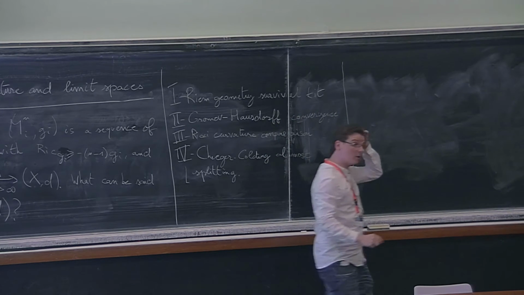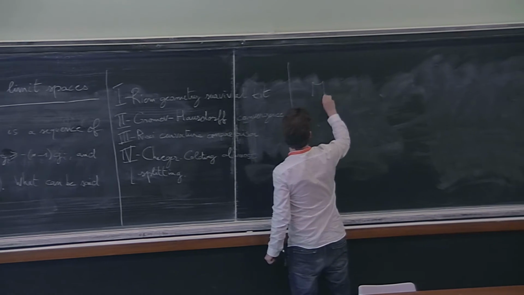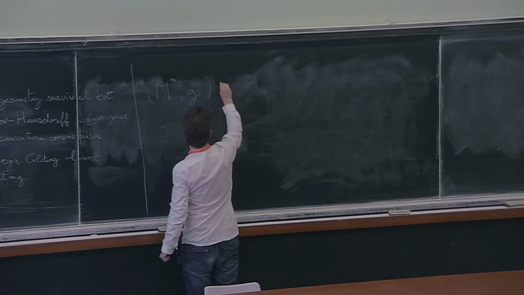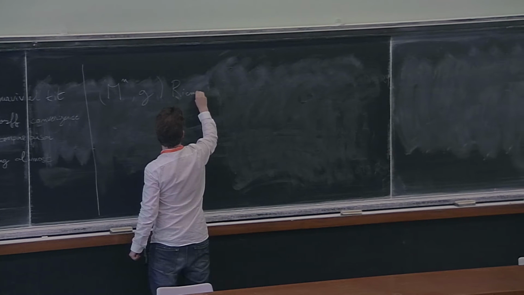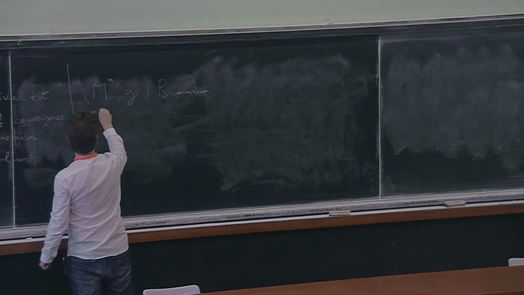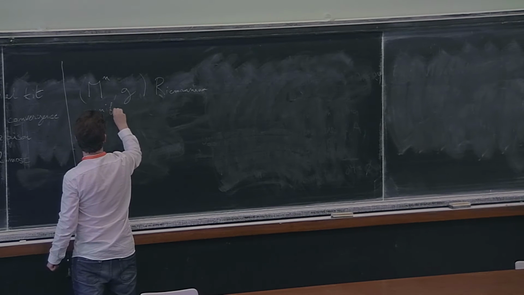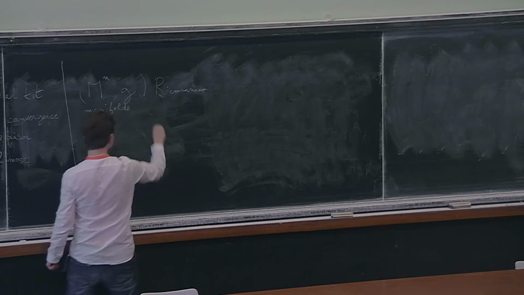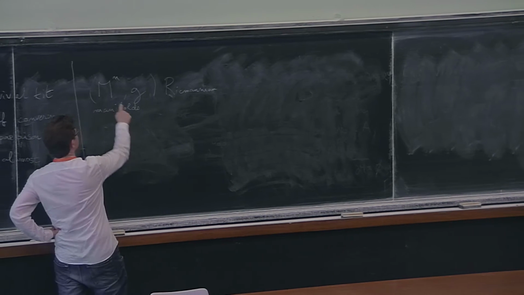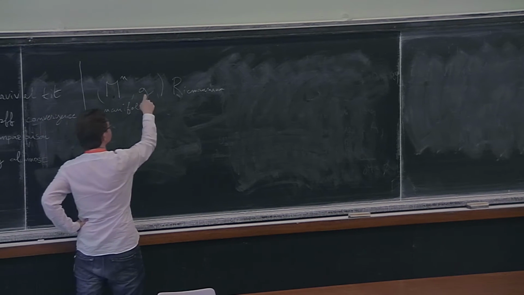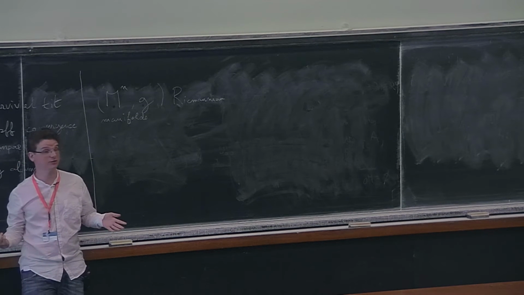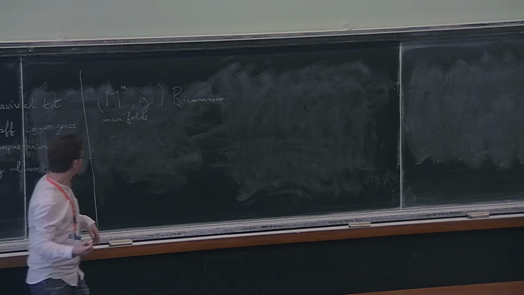So we'll work with a Riemannian manifold (M, g). So recall that M^n is a smooth manifold and that g is a smoothly varying inner product on each of the tangent spaces.